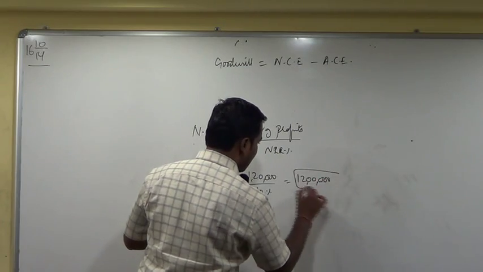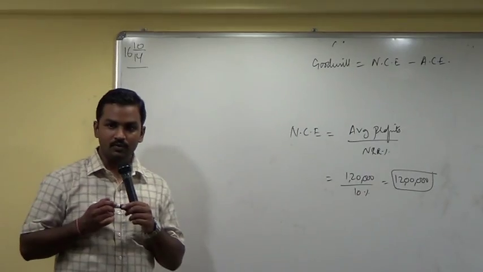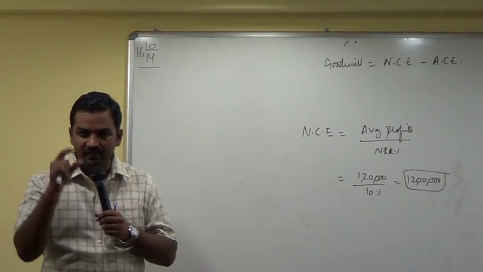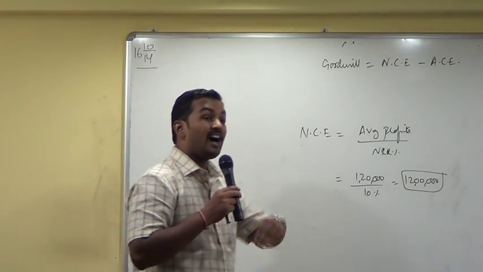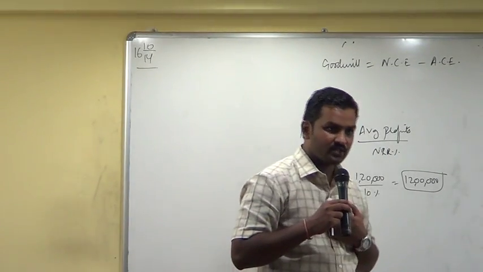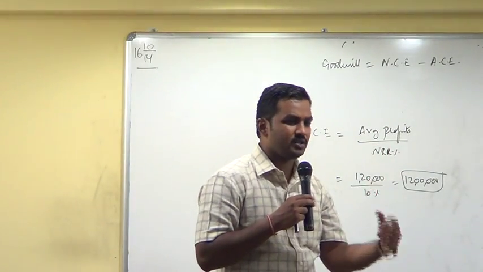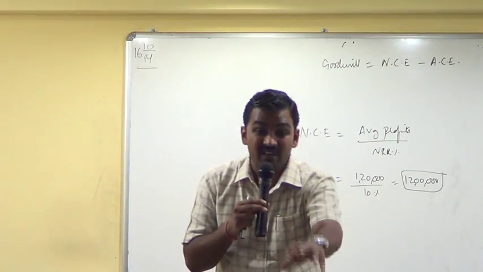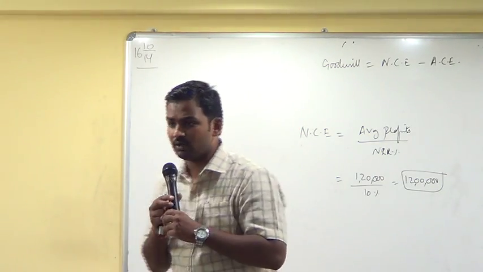How much is it? Now what is the meaning of this 12 lakh? Every year our firm is earning 1,20,000 of profits. If other businessmen want to earn the same profits, how much do they have to invest in the business? NRR percentage is 10%. What does that mean?